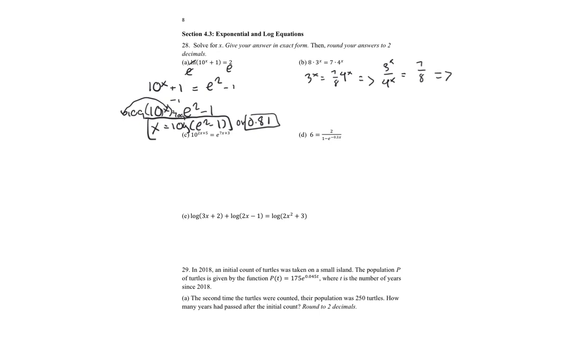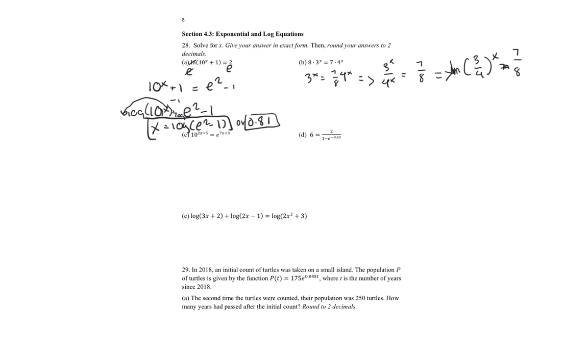We can rewrite this as 3 over 4 to the x is equal to 7 over 8. And then, since x is in the exponent, we can take the natural log of both sides, right?